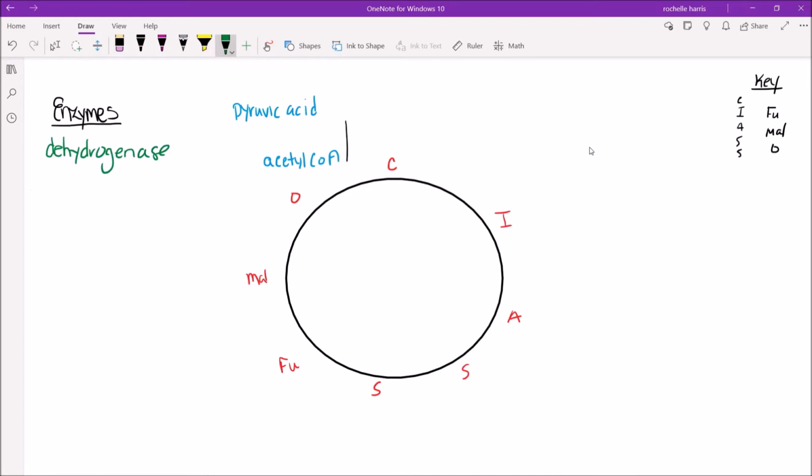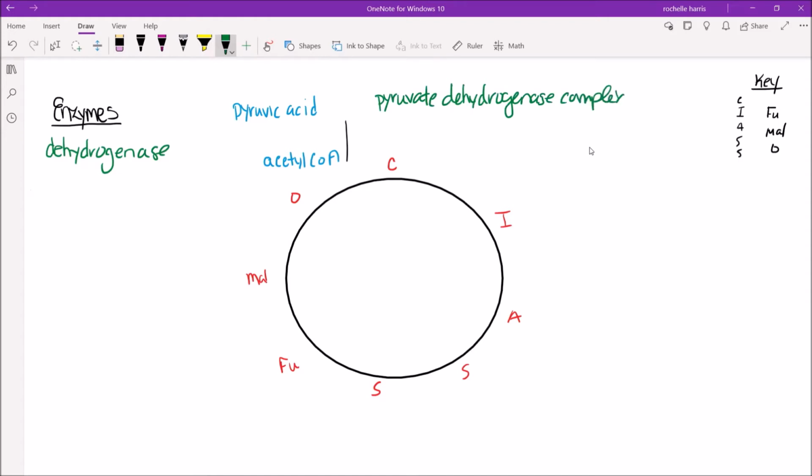We're starting with that because it's the most common enzyme reacting within the Krebs cycle. First, we have pyruvate dehydrogenase complex.